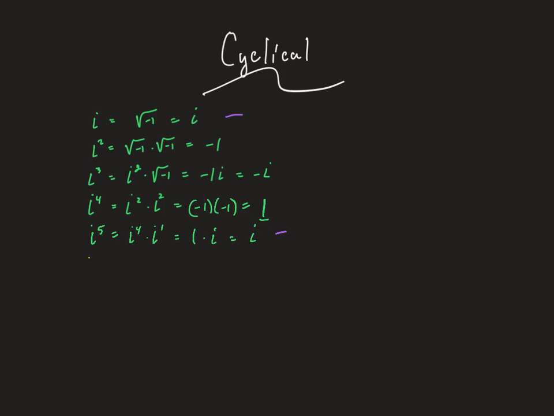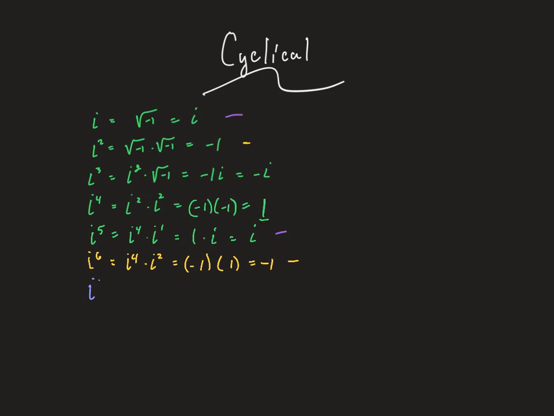Let's look and see what i to the sixth is. Well, that is i to the fourth times i squared, which is 1 times negative 1, which gives me a negative 1, and again, starting to repeat.